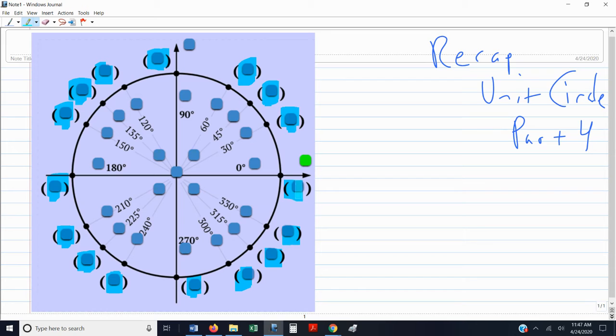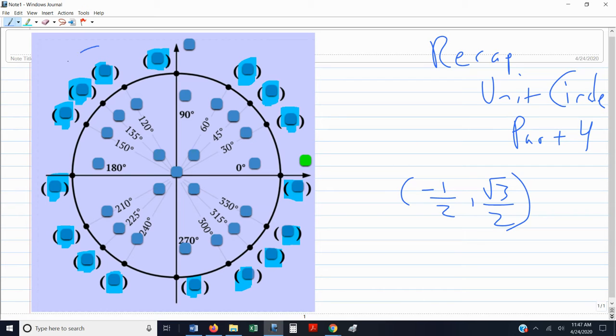You want to be working towards being able to do as much of this in your head as possible. As an example, you'll be given something like this, and you will have to click on where that goes. So the first thing is a negative x and a positive y.